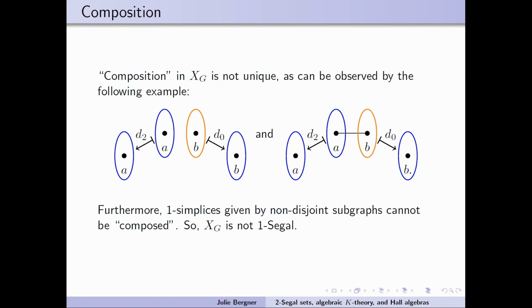That means they have to be disjoint, because D1 and D2 are just given by throwing the rest of the stuff away. So I can't compose subgraphs that are not disjoint from each other. So in particular, for both of these reasons, XG is not one Segal. And we see here that the one Segal map is neither injective nor surjective.